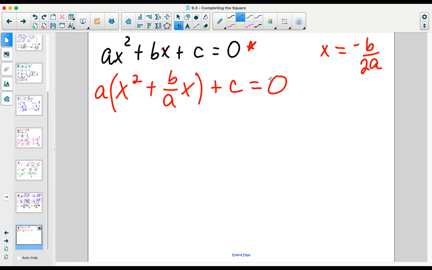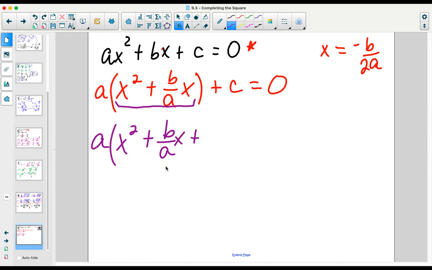The reason that we're going to do that is because we're going to use this part in here to complete the square. Now, if you watched the quadratic formula video already, you will have seen what that completing the square looks like, but we're going to leave this a, x squared plus b over a x, and we're going to add in an extra term that is the result of dividing this coefficient by 2 and then squaring it, b squared over 4a squared.